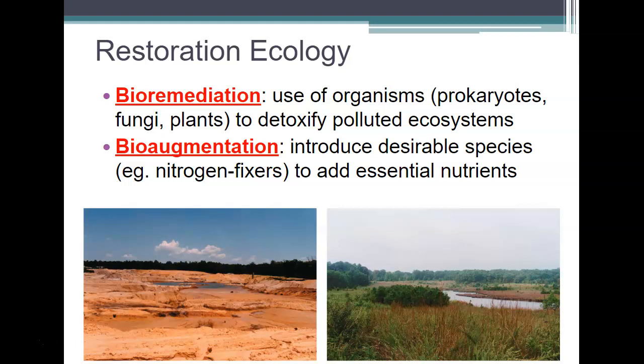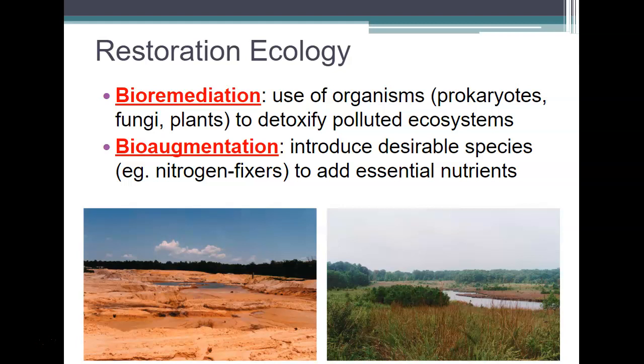There's also something called bioaugmentation, which means that we specifically choose desirable species, ones that might fix nitrogen, for example, or phosphorus, to essentially bring in nutrients that the soil has lost.